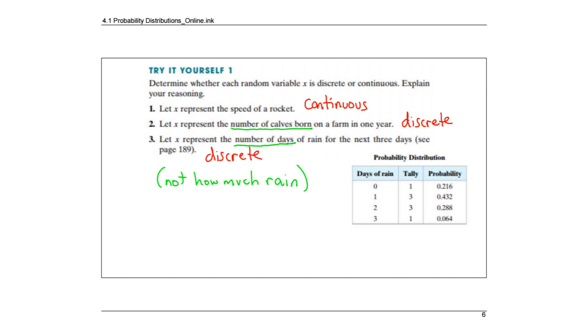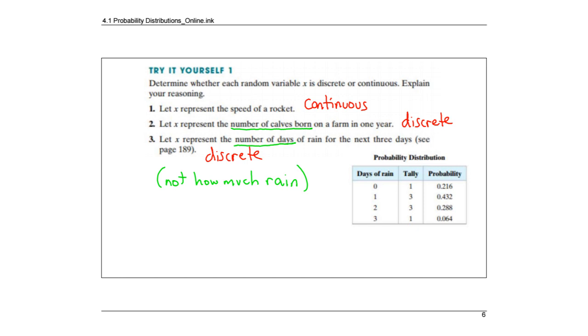Let X represent the speed of a rocket. Well, again, speed would be continuous because you could have miles per minute, miles per hour. I don't know how they would represent the speed of a rocket, but we could have fractions of that.